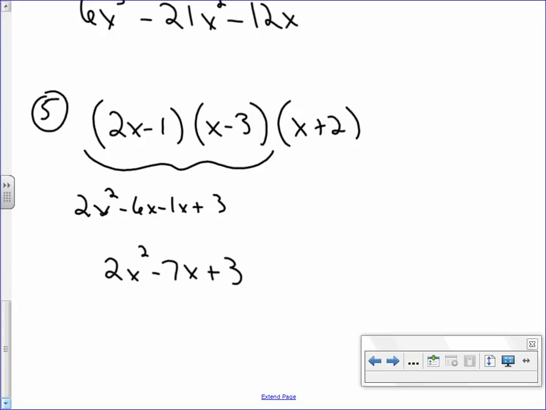I want you to get the first FOIL part. They have 2x squared minus 7x plus 3.